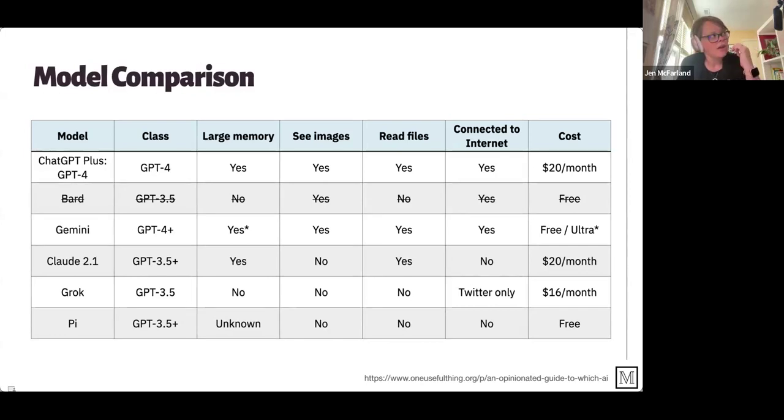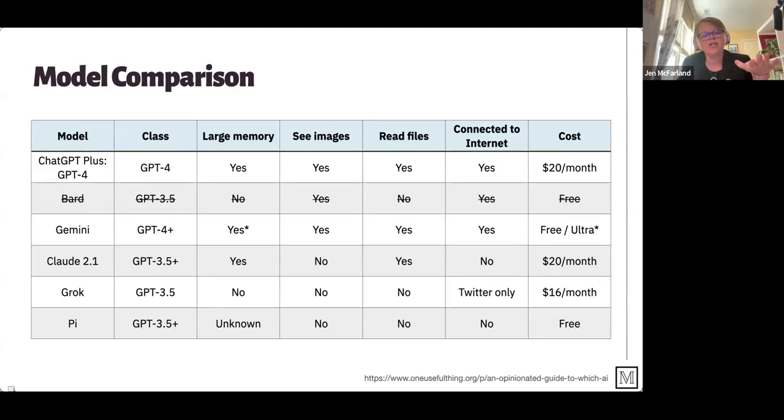Earlier this month, Google released Gemini, which is their version of a GPT-4 model. And it is performing similarly to GPT-4 with some other caveats. One thing that I will mention with respect to Gemini is that it has a much larger context window than any previous model up to this point.